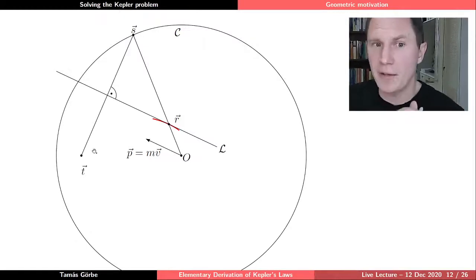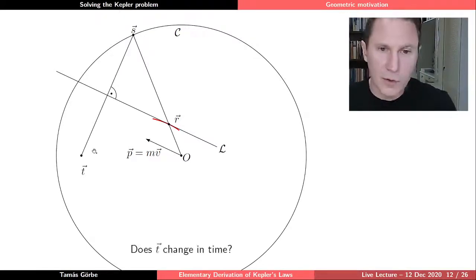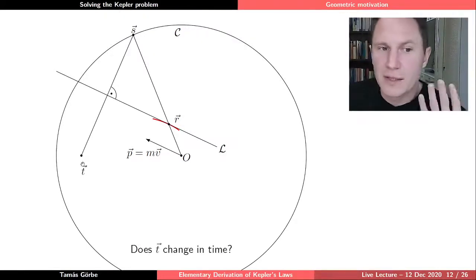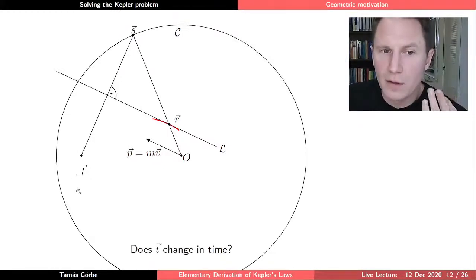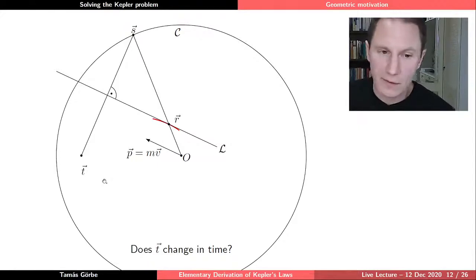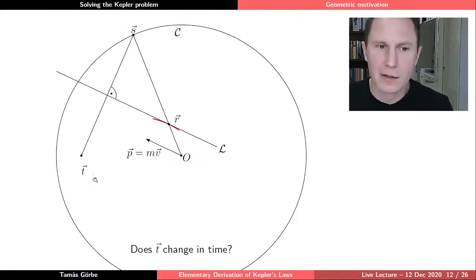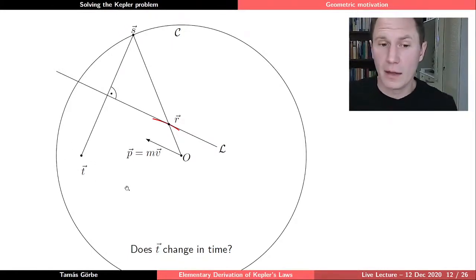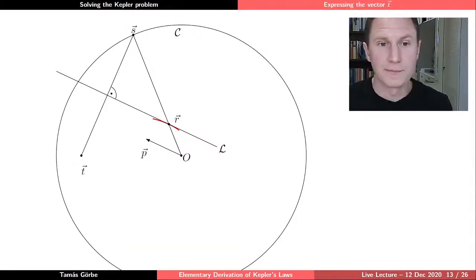So this is our geometric motivation to ask whether this reflected point will change in time or not. This is our main question here. Does this reflected point change in time as the planet moves along its orbit?